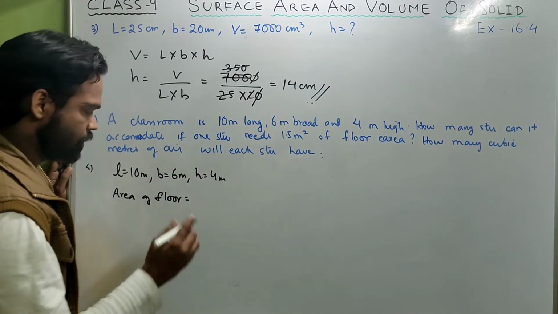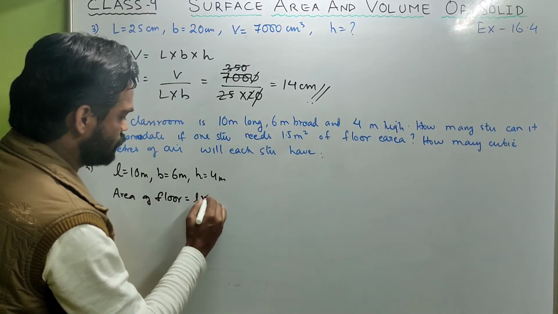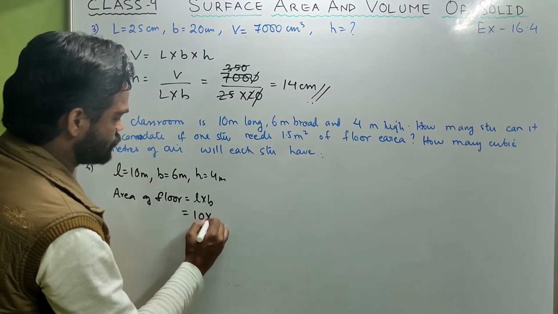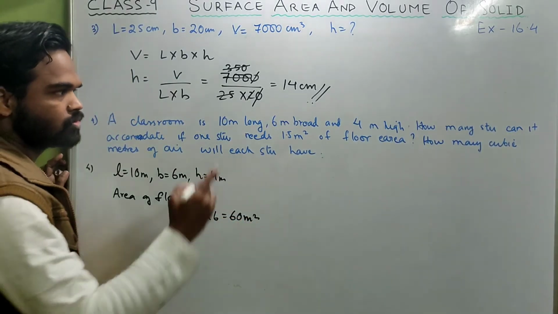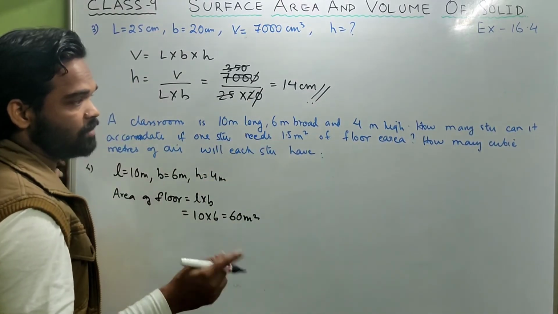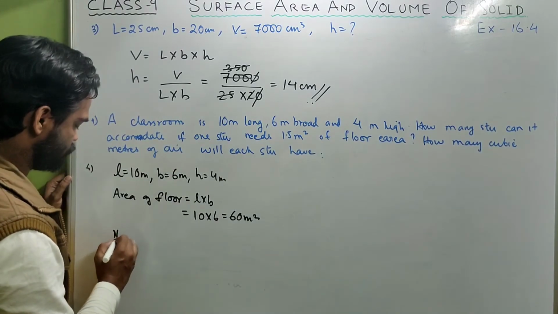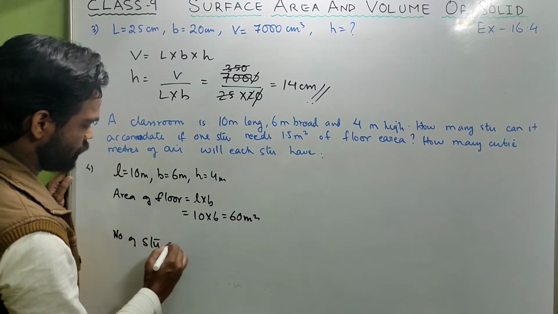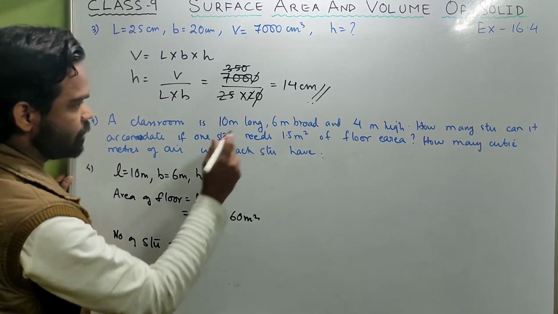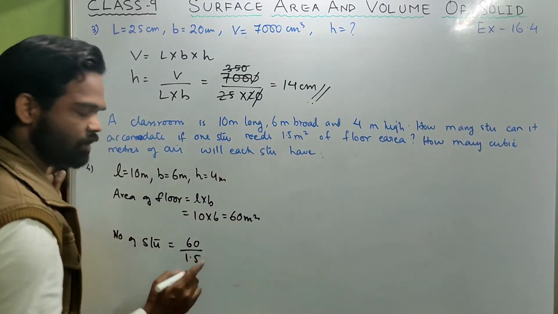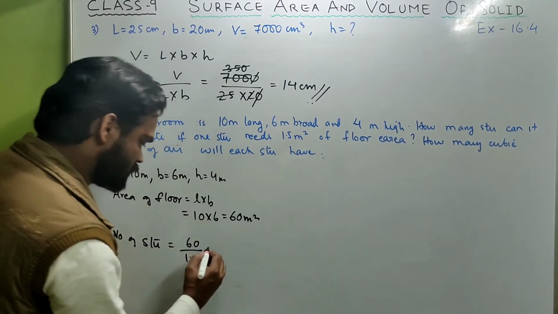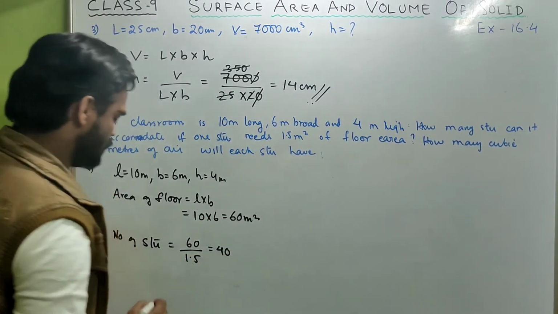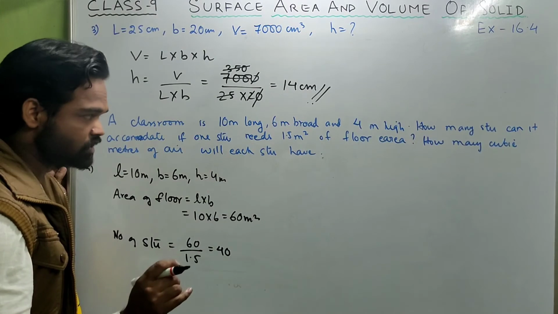It's rectangular. So length into breadth, that's 10 into 6, that's 60 meters square. So one child occupies 1.5 meters square. So number of students will be the total area divided by the area occupied by each student. So it's 40. There are 40 students in the class.